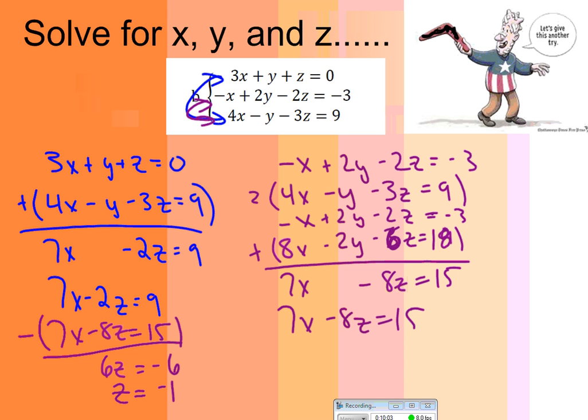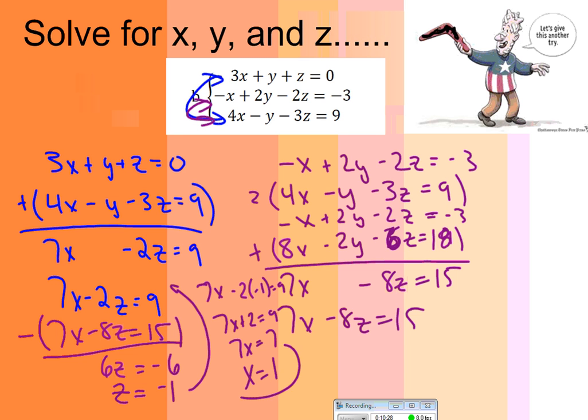So z equals -1. If I put that back in here, I can figure out what the other ones are. It doesn't matter which one I put it back in. So if I put it back into here, that's going to give me 7x minus 2 times -1 equals 9. So that's going to be 7x plus 2 equals 9. So 7x equals 7. So x is going to be 1.